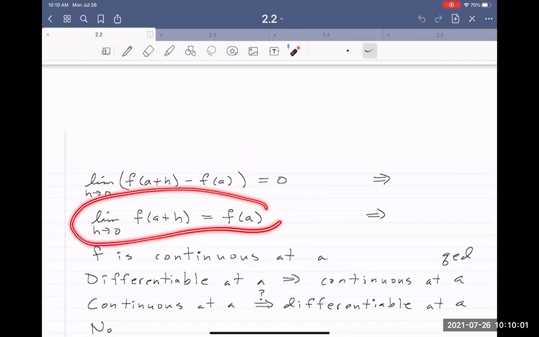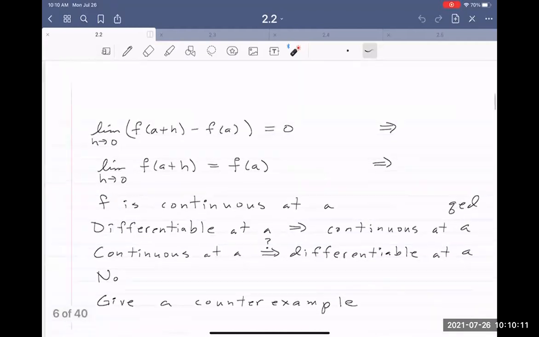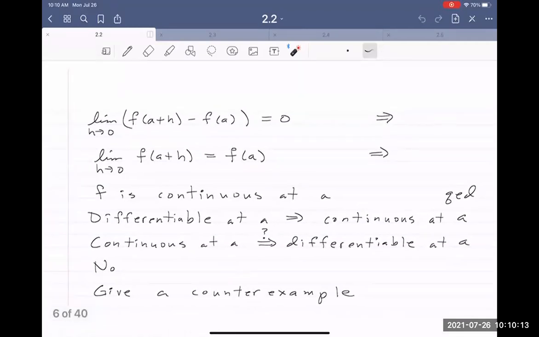But this says that f is continuous. Maybe I should have said that this is also equivalent to the limit as x approaches a of f of x equaling f of a.